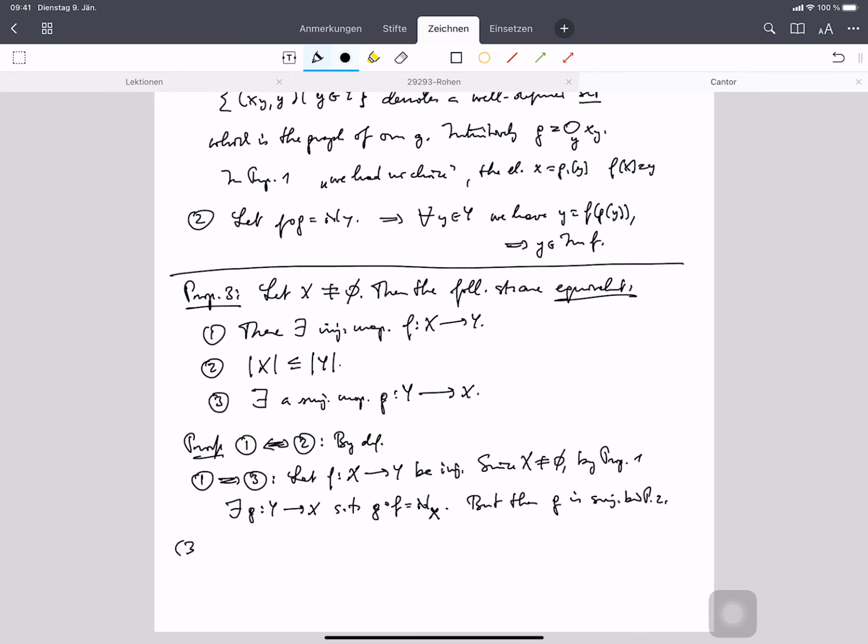And 3 implies 1 is the same. Let g from Y to X be surjective. By proposition 2, there exists f from X to Y such that g composed with f is equal to id_Y. By proposition 1, f is injective.